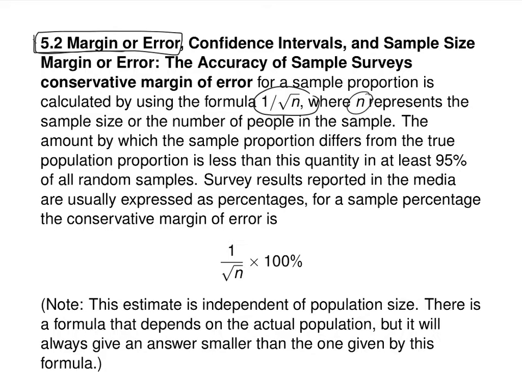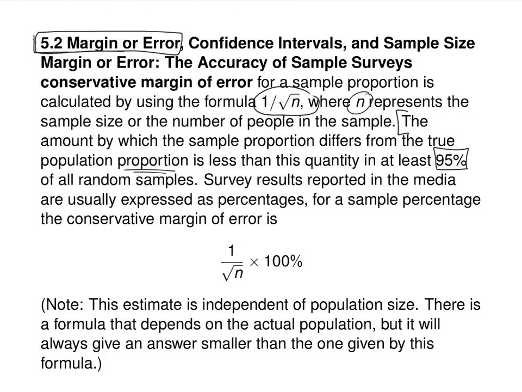This is the amount the sample proportion differs from the true population proportion, as in what the actual proportion to vote for candidate X will be in most of the samples you take. Like if you repeatedly sample people, you're not going to get the exact same proportion every single time, right? That proportion is going to fluctuate a lot. This is the one that is right most of the time.